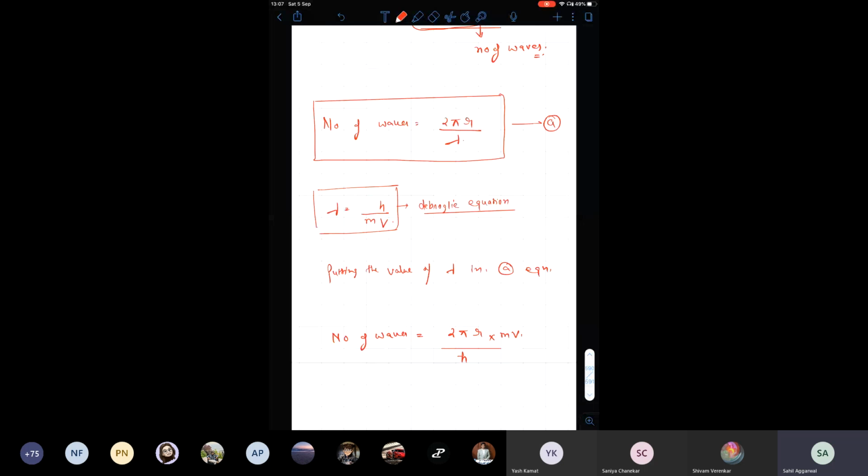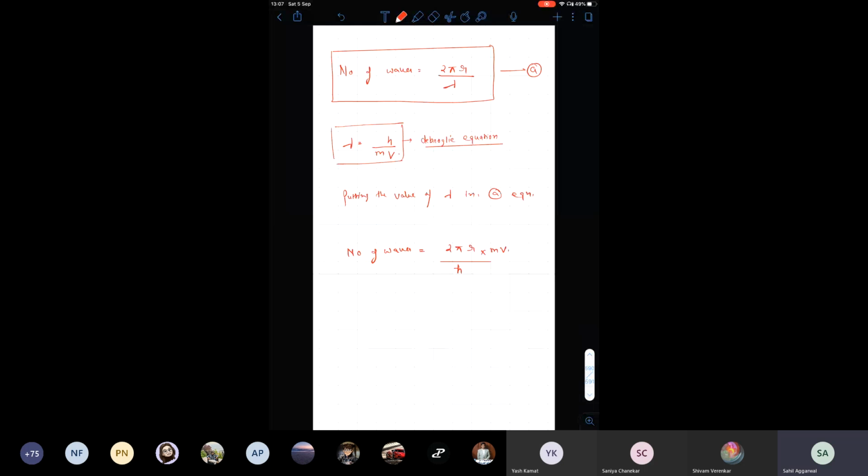Any doubt in this? That is 2 pi into mvr divided by h. Any doubt in this?